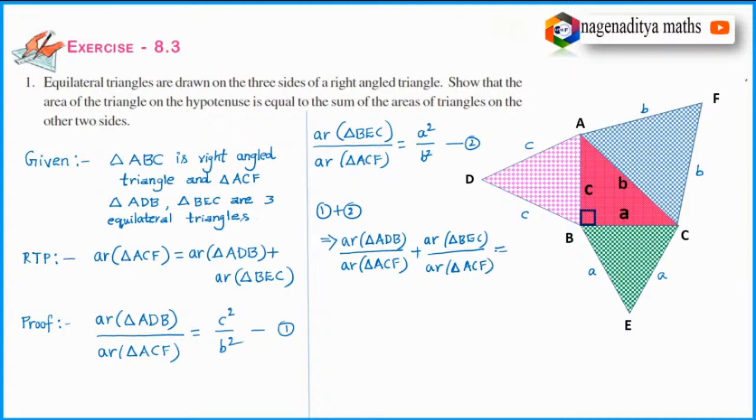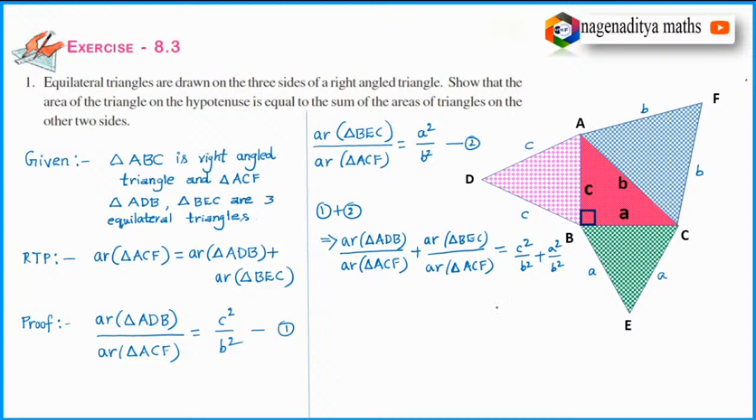So this is equal to the value of area of triangle ADB by area of triangle ACF is equal to C square by B square, plus the value of area of triangle BEC by area of triangle ACF is equal to A square by B square.